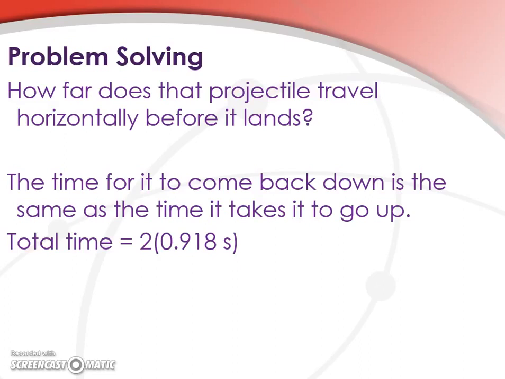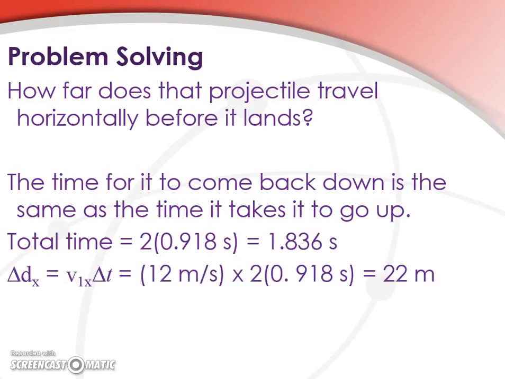And of course we've seen many times before that due to symmetry, the time coming back down is going to be the same. So we double it, and this gives us the hang time for the projectile. 2 times 0.918 seconds equals 1.836 seconds.